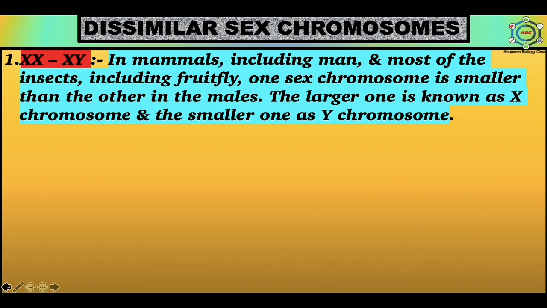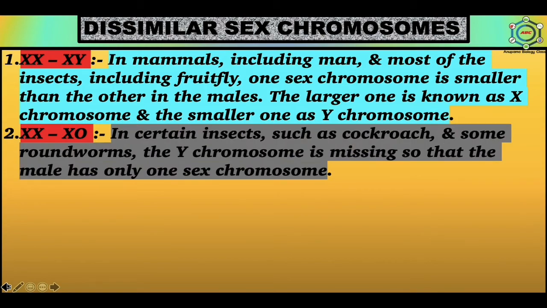Females have a pair of X chromosomes. Thus, the condition in male may be briefly expressed as XY, and in the female XX. The similar and dissimilar sex chromosomes of the females and males are described as homomorphic and heteromorphic respectively.